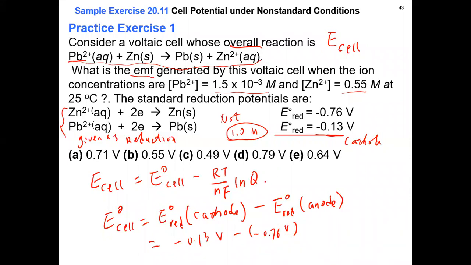To check, for zinc you start with solid zinc and produce Zn2+ ion, so zinc lost electrons, meaning zinc is oxidized. Doing the calculation, you get 0.63 volts. This is our E cell at standard condition. Once you know that, we'll go to the next slide, calculate Q, and plug it back into this equation to get E cell.